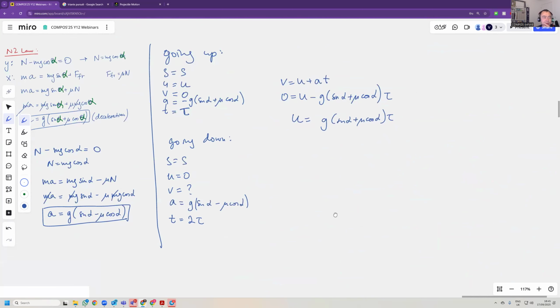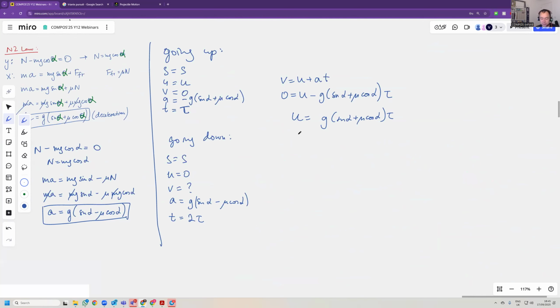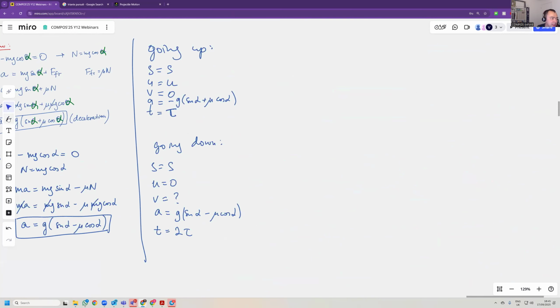No, I don't think we should use that equation. That's a bit useless. Sorry. Let's use the equation without the initial velocity.